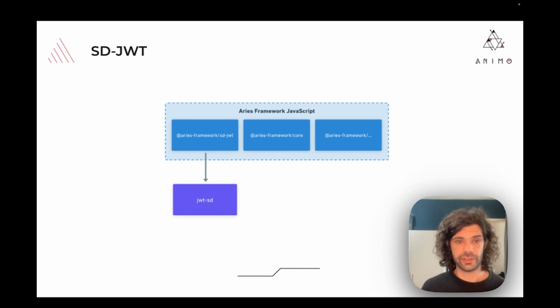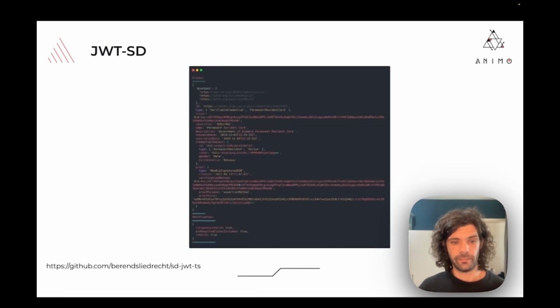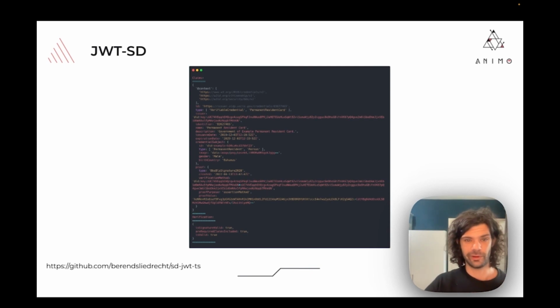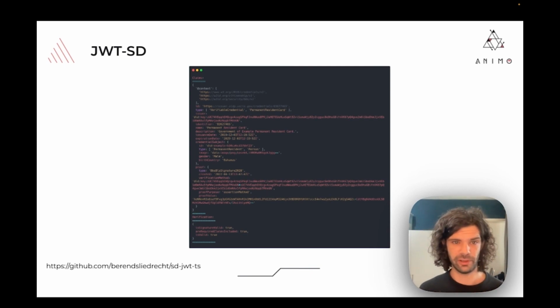So developers using the framework would use the module, but other developers in other ecosystems that don't use Aries framework JavaScript, but still want to process SDJWT formatted credentials, can then use the library below. We have mostly been working on the library, the non-module component, so far. So I don't have any very interesting output to show you. However, on the bottom left, you see the URL to the repository of that project. So if you want to check it out, you can do so for yourself.